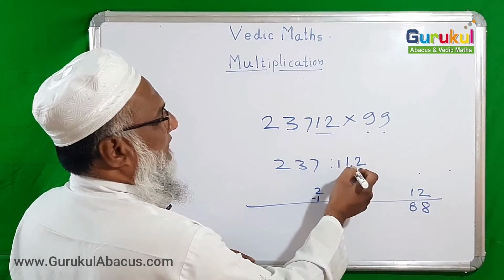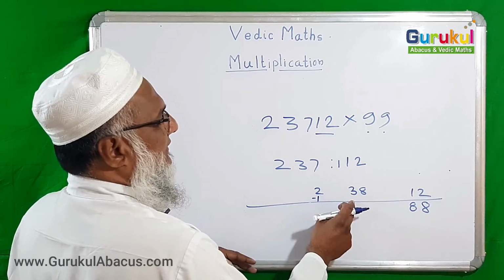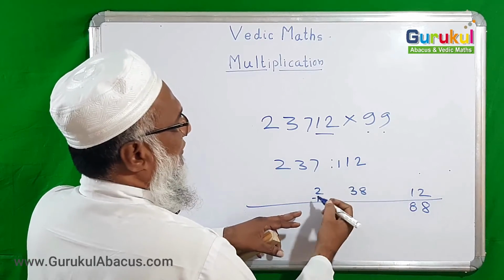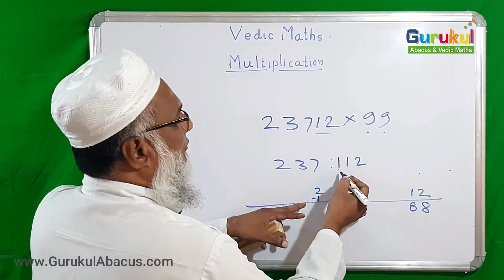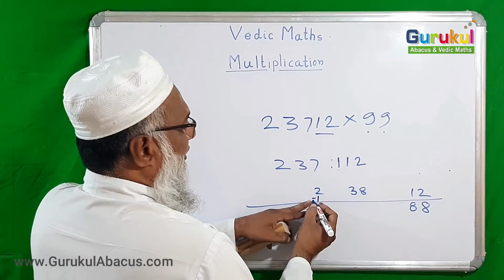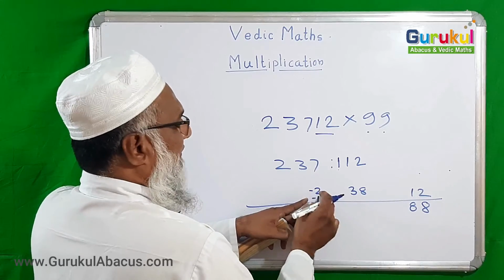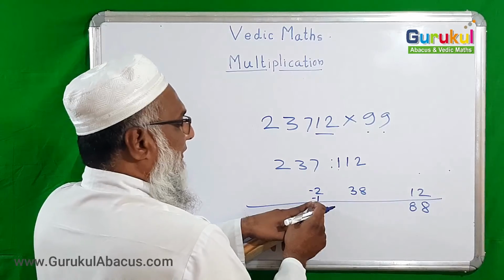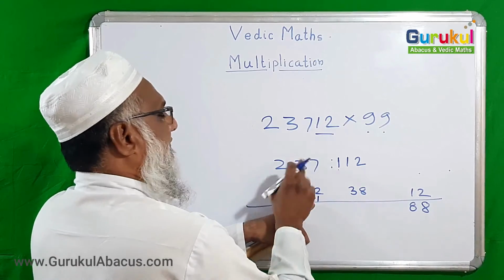Here 12 was smaller than 38, so we couldn't subtract 38 from the 12, so we borrowed 1 from that side. We borrowed 1, added here, it became 112, and that borrowed 1 we immediately place here. It means actually this was -2, we have put this 2 to subtract from it, and also one more 1 we put here to subtract from it.